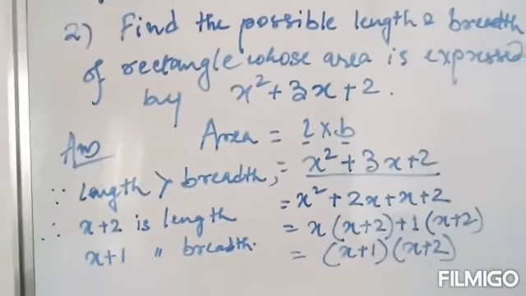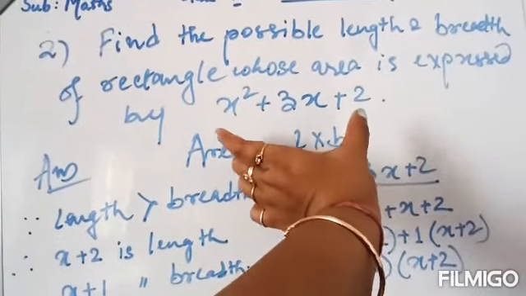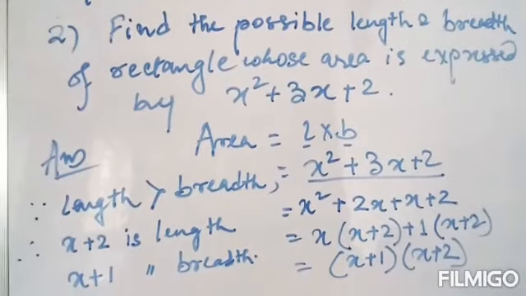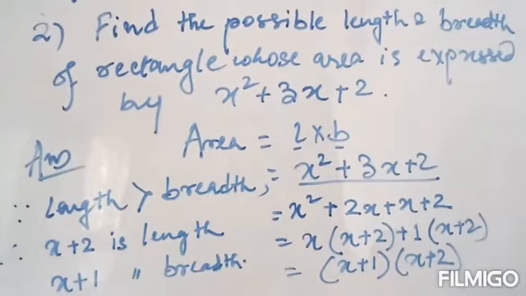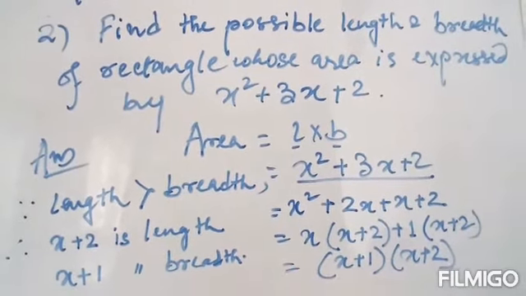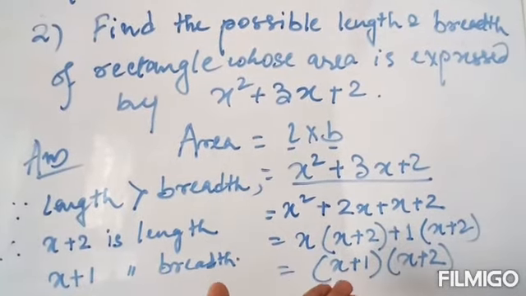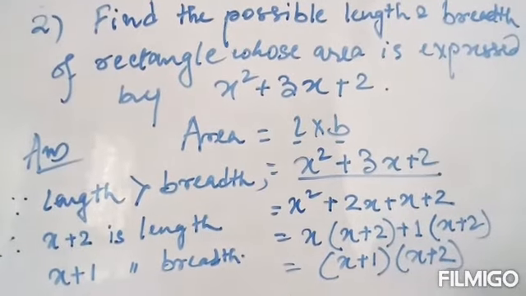Understood? So for this type of problem, whatever expression is given, you need to factorize. Factorization you can do by any method, splitting method, remainder and zero theorem, or trial and error method. After that you will get the factors. Since it is area, you will have two factors.